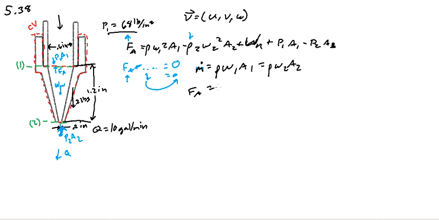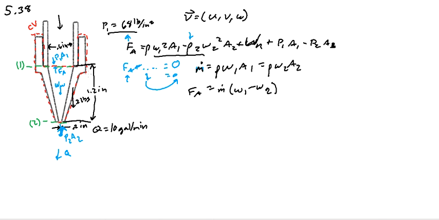Another explanation of force is that it's the mass flow. This is the weight of the water portion. This is the area in between these. This is the section of the control volume that has the water in it.